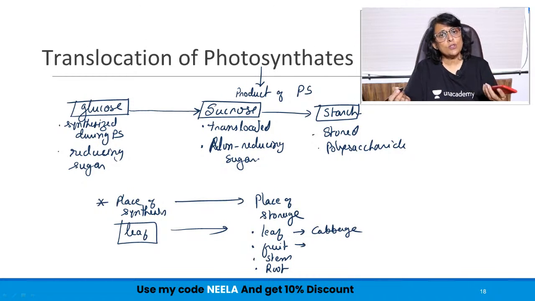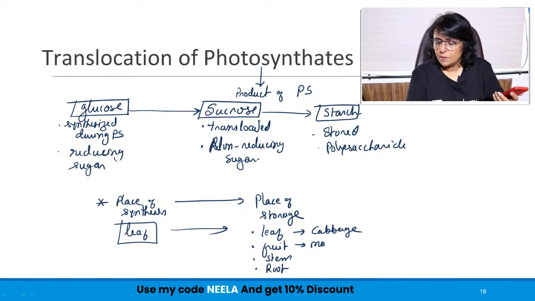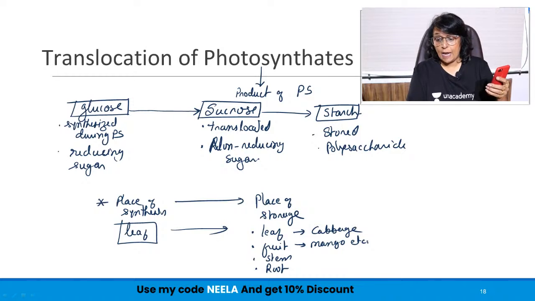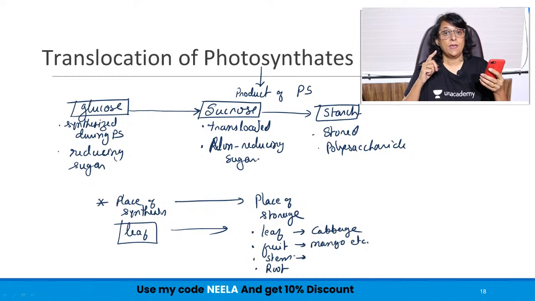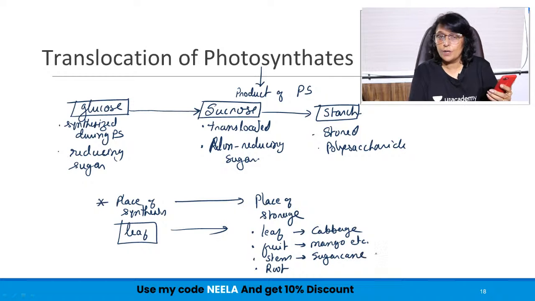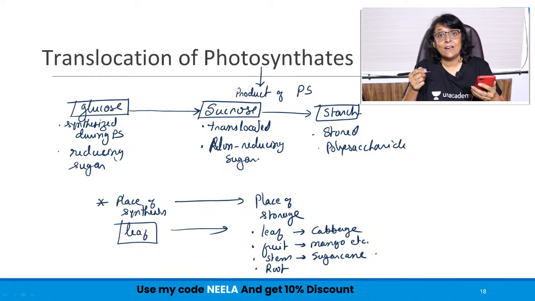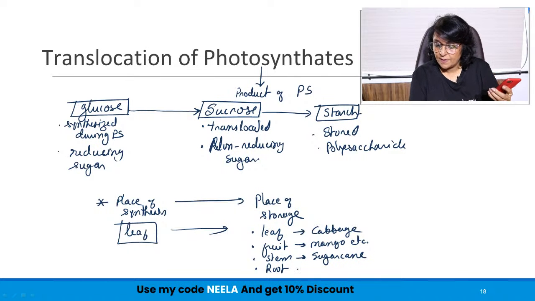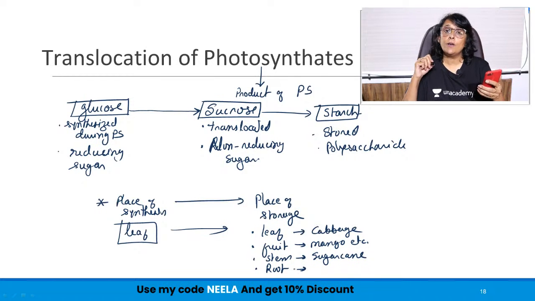Fruit, most common, any fruit, mango, apple, etc., any fruit. Stem, where in stem is carbohydrate stored? Sugarcane. And that is why we consume the food stored in the stem of sugarcane. Where is it stored in the root? Any example?